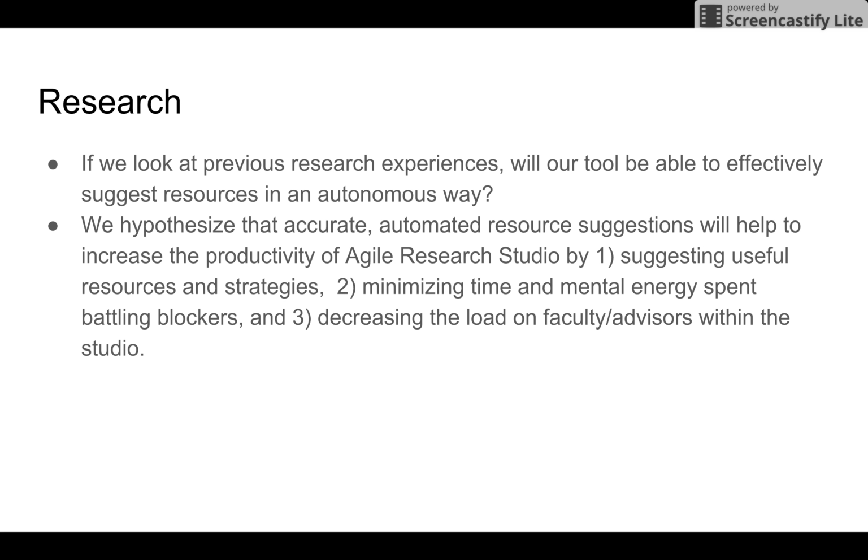And so our hypothesis is that an accurate and automated set of resources will help to increase the productivity of agile research studios by, one, providing that set of useful information about resources and strategies, minimizing the time and mental energy spent battling blockers for novice researchers especially, and also decreasing the load on faculty or advisors within the studio, especially as the student to professor or principal investigator ratio increases.